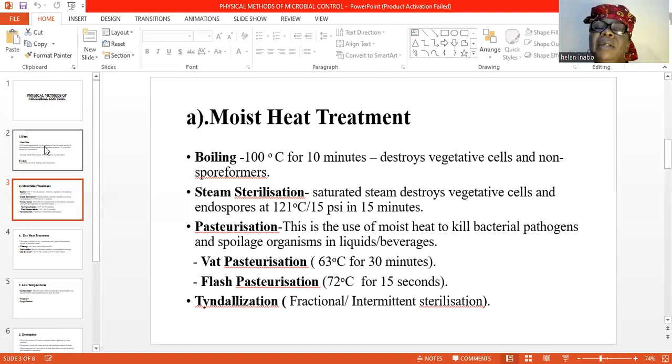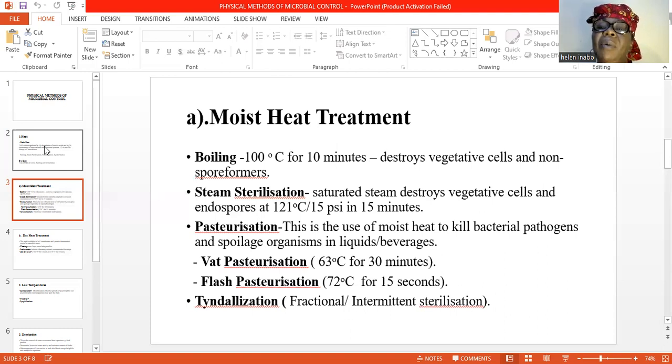At the end of the sterilization protocol, the strip of Bacillus stearothermophilus is inoculated into the culture medium and incubated overnight. Now, if no growth occurs after 24 hours, it means the sterilization protocol was successful.